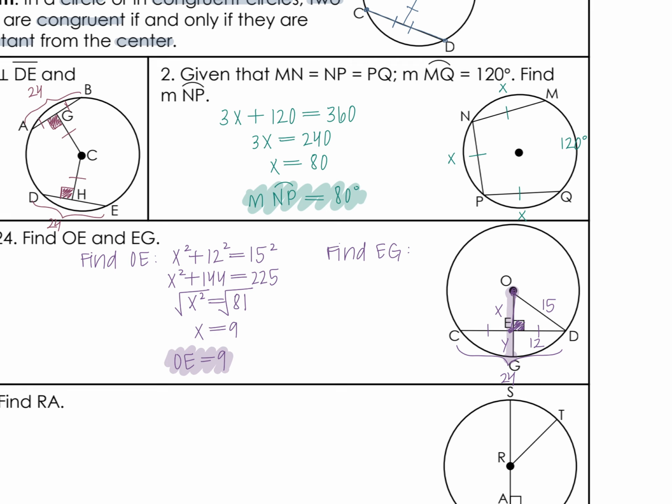And we did already mention earlier that it was given that OD was 15, and that happened to be a radius. So here, in order to find EG, I can take the length of my radius, which is 15, and subtract the part of it that I don't want, that OE, that 9, and I will be left with 6. So EG has a length of 6.